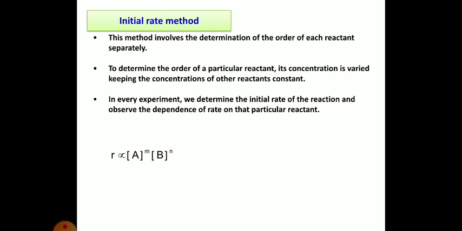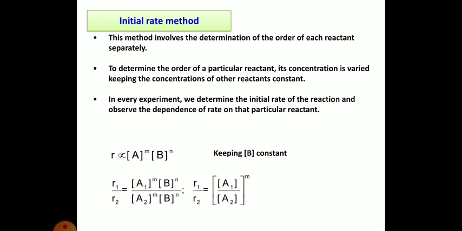Suppose we consider a reaction A plus B gives C. For that, the rate is directly proportional to the corresponding concentrations, and the terms m and n indicate their corresponding orders.